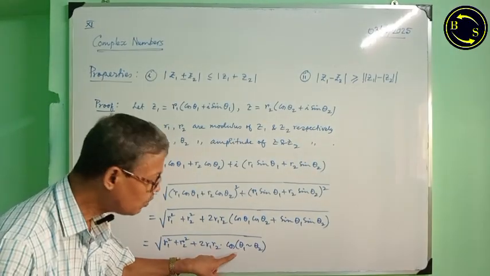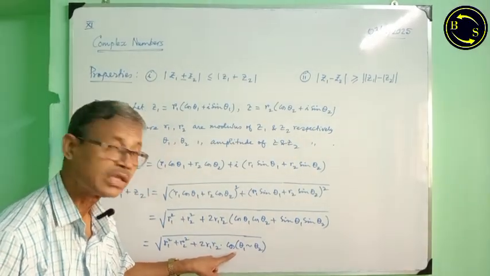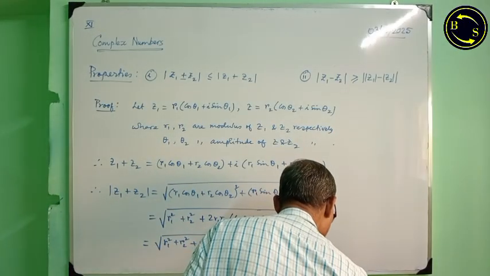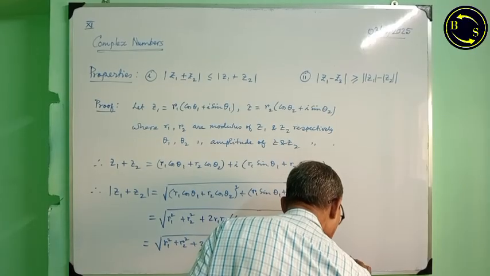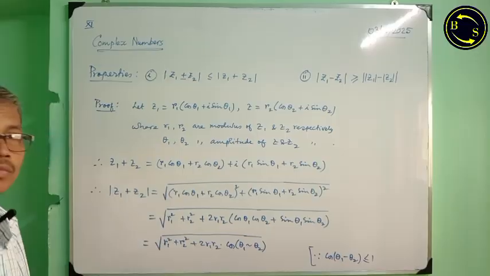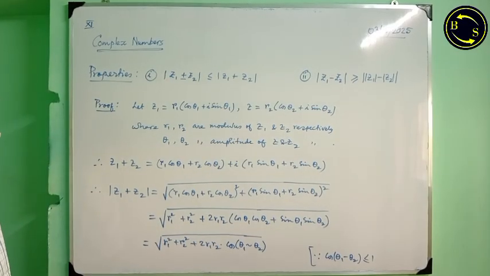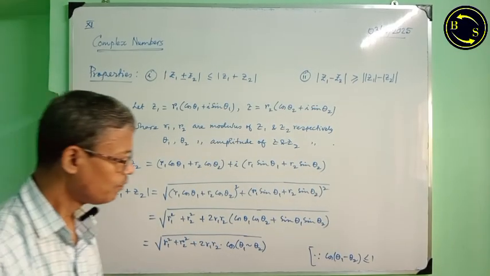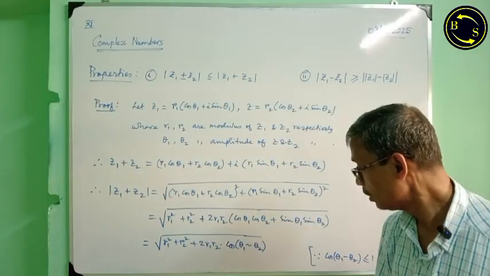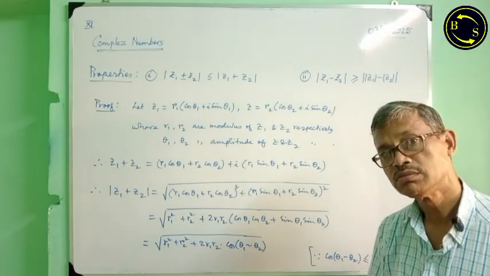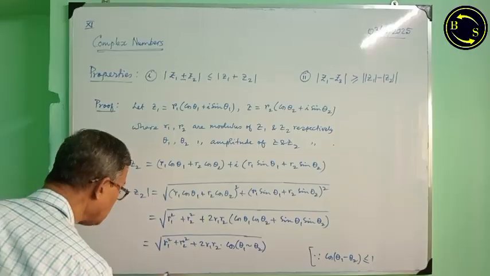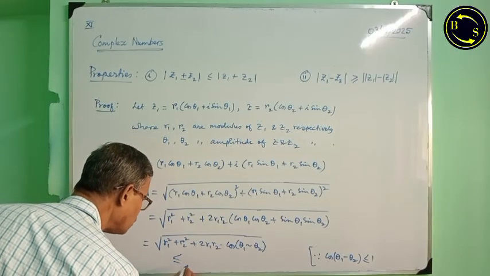Now the value of cos of theta 1 minus theta 2 is less than or equal to 1, or we can say minus 1 is less than or equal to cos of theta 1 minus theta 2, which is less than or equal to 1.